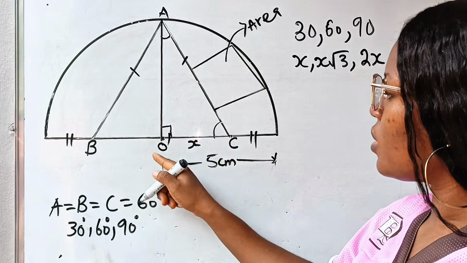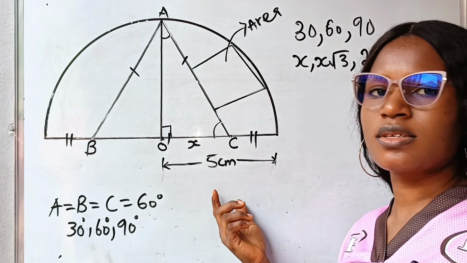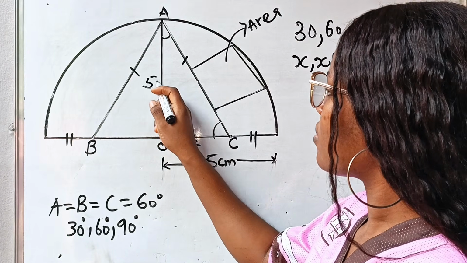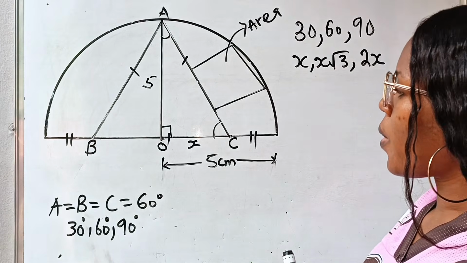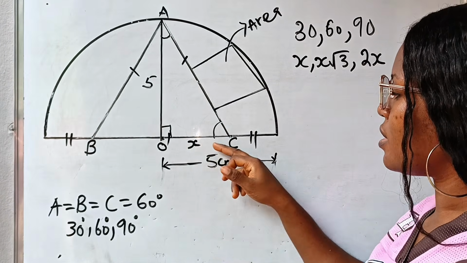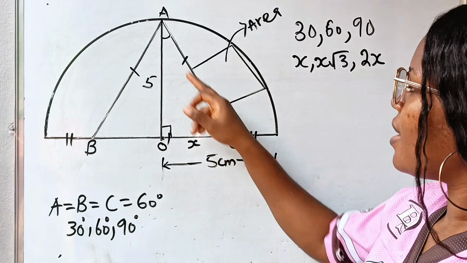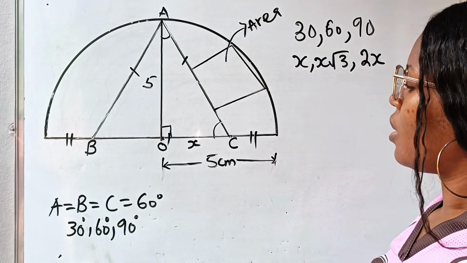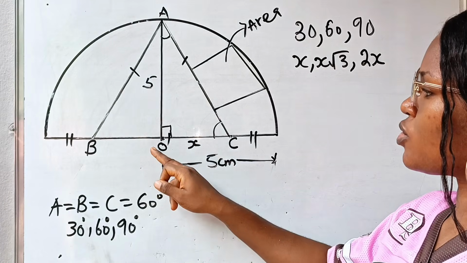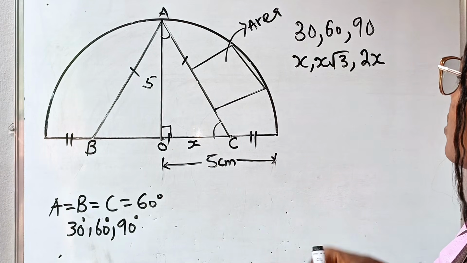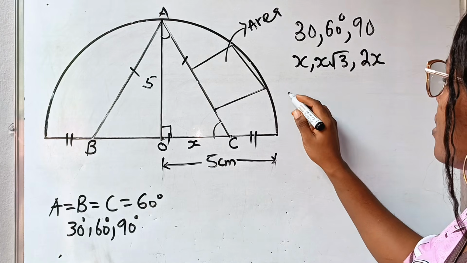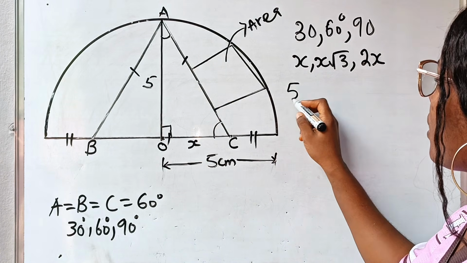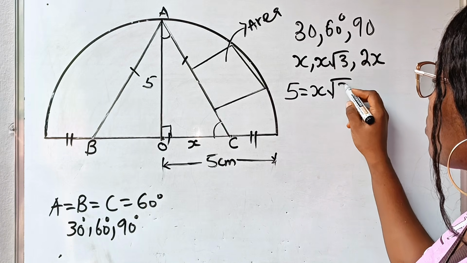And we already know that OA is also the radius of this circle. Therefore, OA is 5 centimeters. So here is 5 centimeters as well. What we're actually looking for is the side facing 30 degrees, which is OC, and AC. We don't know these two sides. But since we know one side, which happens to be OA, which is our 60 degrees, it means that the side facing 60 degrees, which is 5, is equal to x root 3, right?